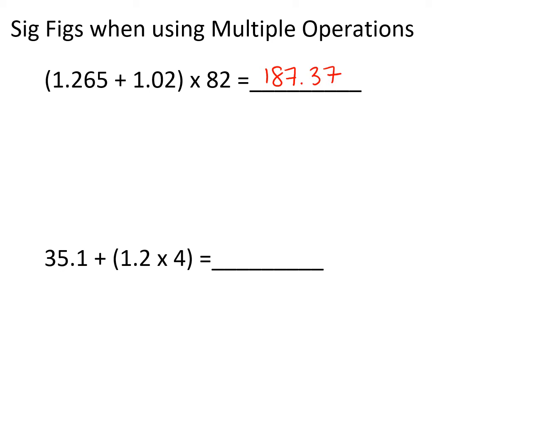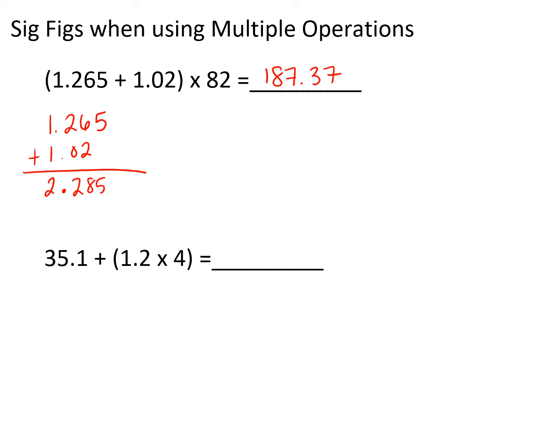187.37. So you want to make sure you find the unrounded answer first, and then you're going to think about each step of the problem. So for this first step, I did 1.265 plus 1.02. And if I were to solve just that part of the problem, I would get 2.285 as my answer.